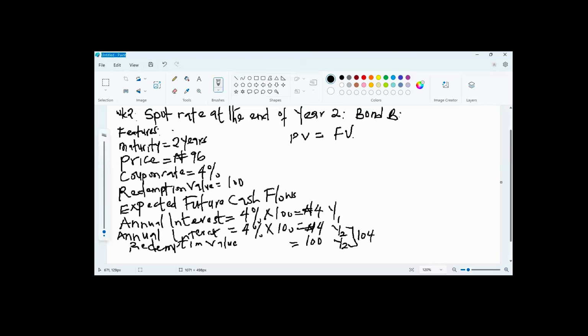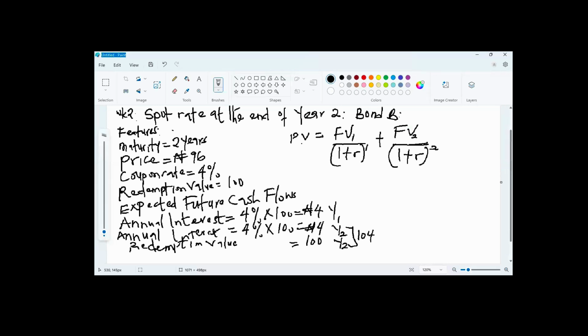Future cash flow in year 1 divided by 1 plus R in year 1 raised to power 1, plus future cash flow in year 2 divided by 1 plus R in year 2 raised to power 2. I've gotten the equation.